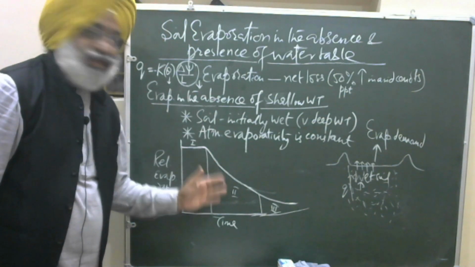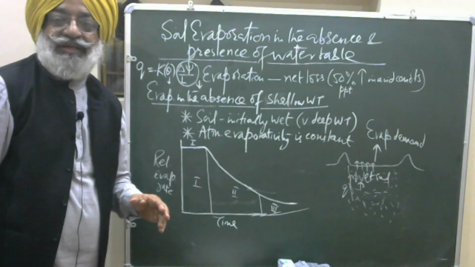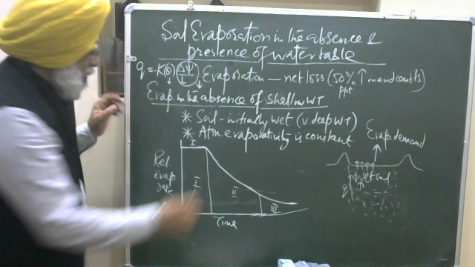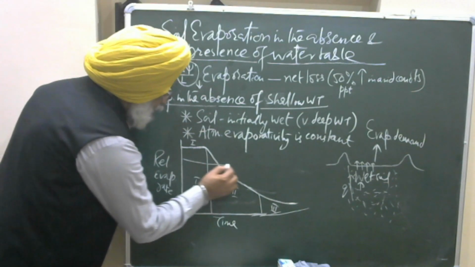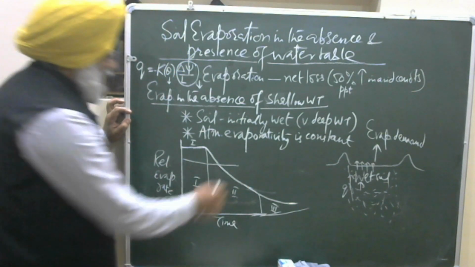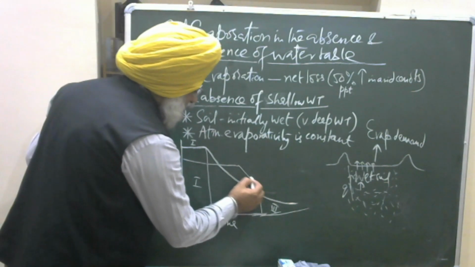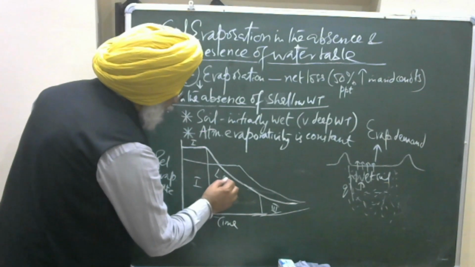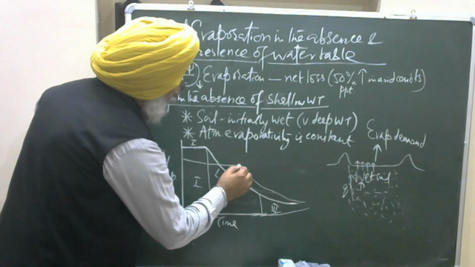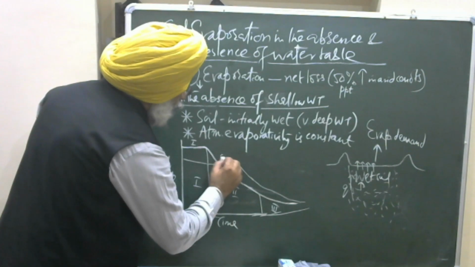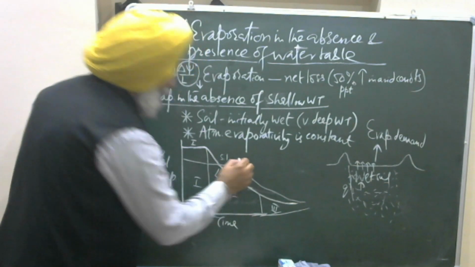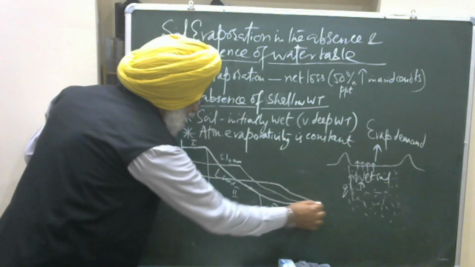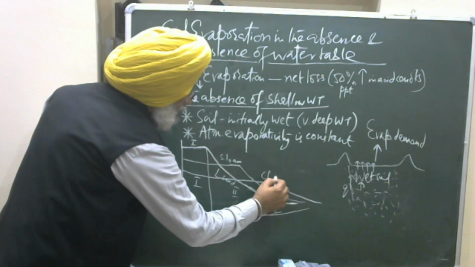And as the moisture content decreases, maybe in a clay loam soil, your stage 2 may last for a longer time. It may go like this. Say if this is loamy sand, say that it is sandy loam, and if you have a clay loam, then stage 3, this is now clay loam.